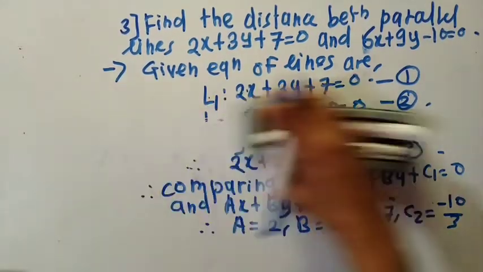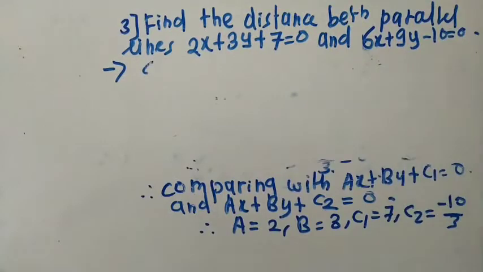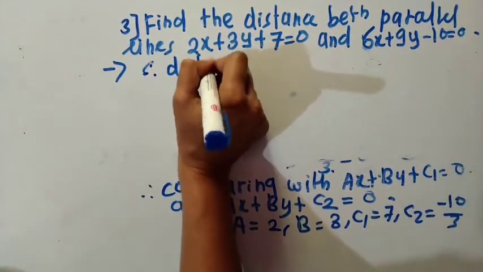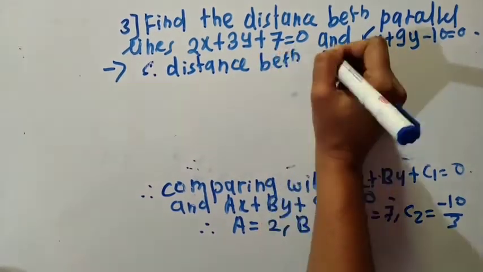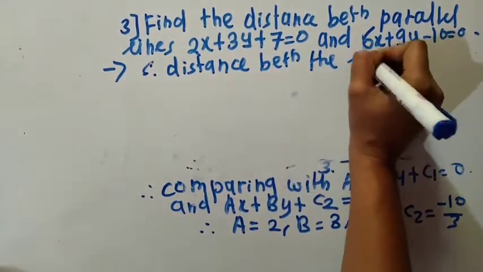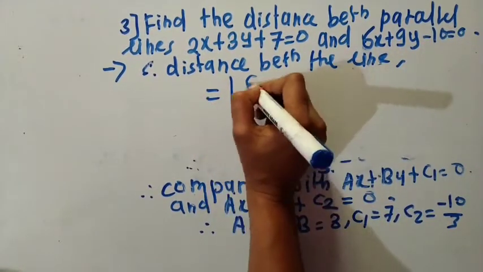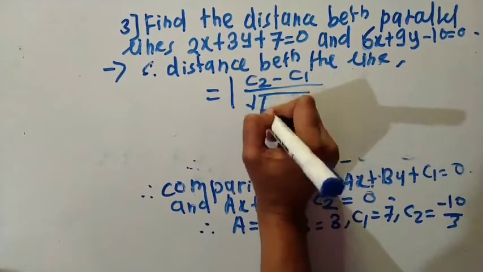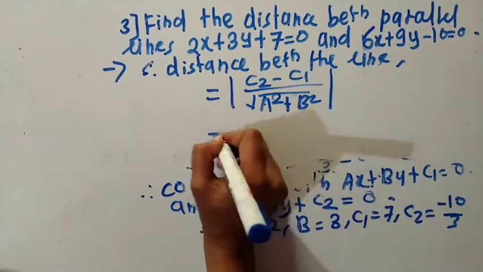Then we use the distance formula. Hence, the distance between the lines is given by the formula |c2 - c1| upon root of a square plus b square.